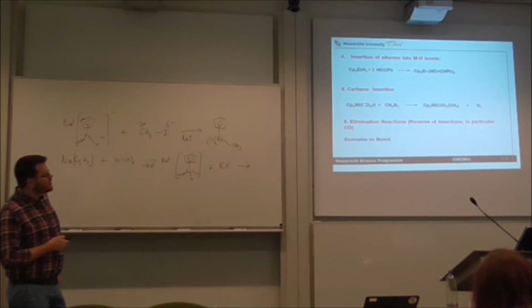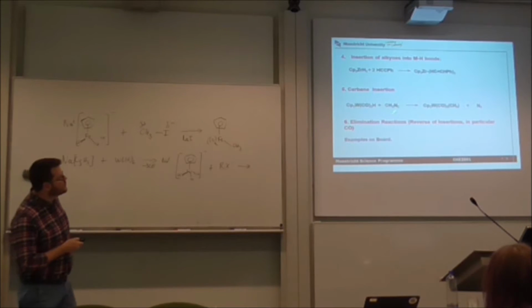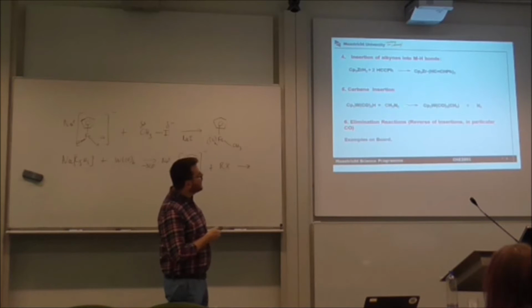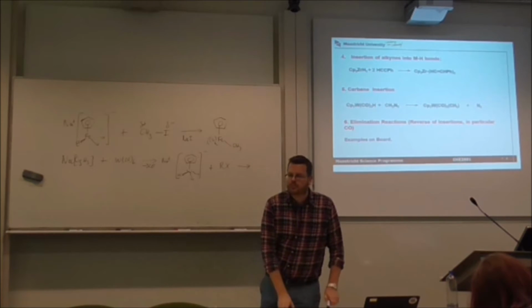This is a very versatile reaction here, carbene insertion. We take here a hydride and we react it with, in this case, diazomethane. So this is, that should be CH3, not CH. No, that's correct, CH2. And this then, basically, what this is, it's a source of carbene, right?